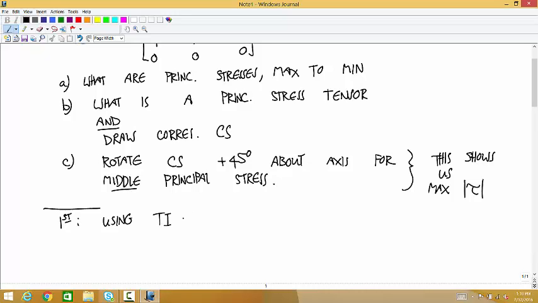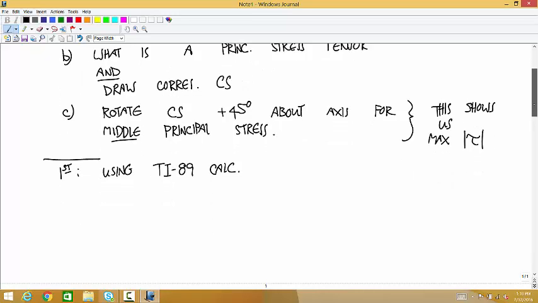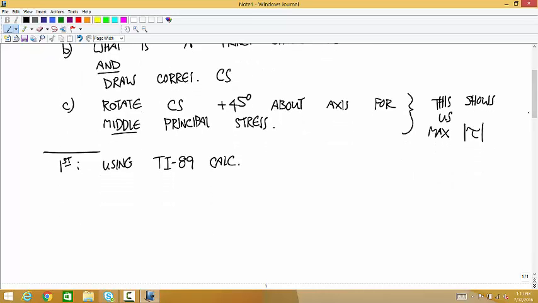So this is how you do it in a TI-89. So first enter this matrix, 190, semicolon, 9, 1, 0, semicolon, 0, 0, 0, and store that somewhere.